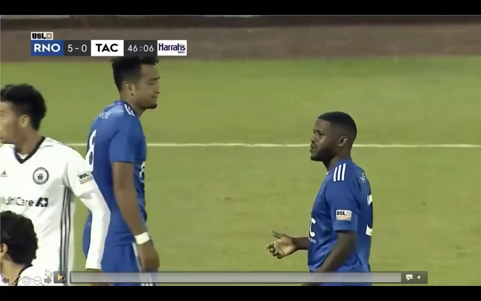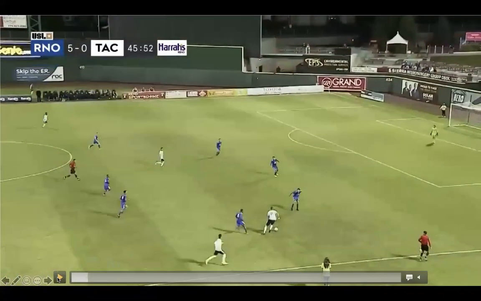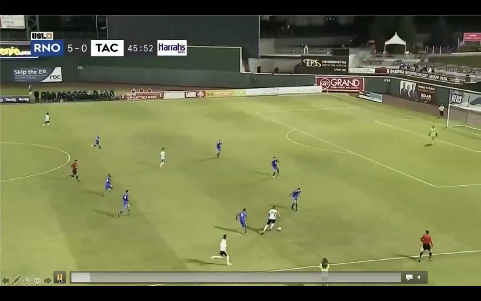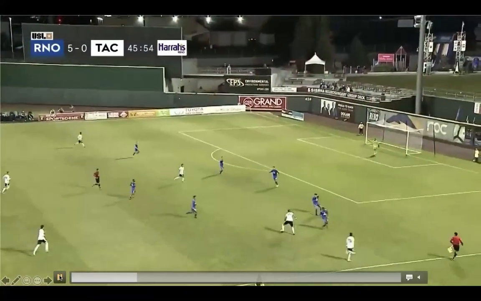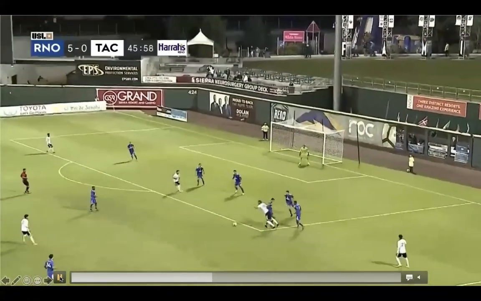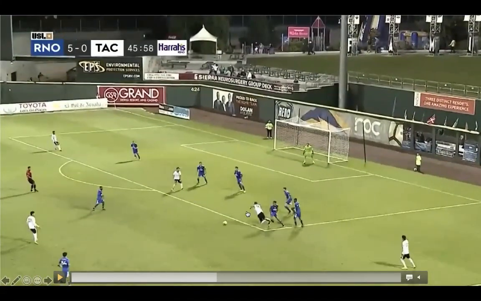So the challenge with this one, and this is a perfect example of why we want to move to the right side of the penalty area. Play goes towards the right side of the penalty area. And at the moment we have a foul, we have no idea if that's inside or outside. We just simply don't know. And the referee over here has no clue whatsoever.